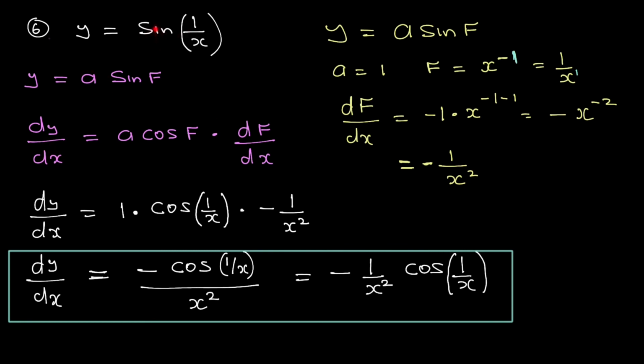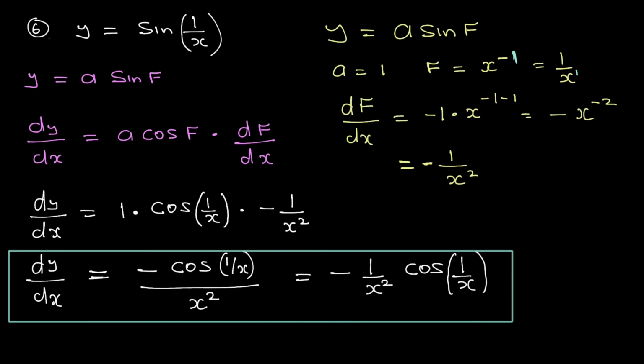Now, doing this sine, so y equals a sine f, and the dy dx will be a cos of f times the df dx. I've got my df dx, which is that one, and I know that's cos of f. F is 1 over x, so I can write the dy dx is 1 times cos 1 over x times minus 1 over x squared.